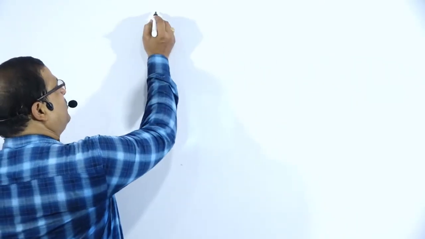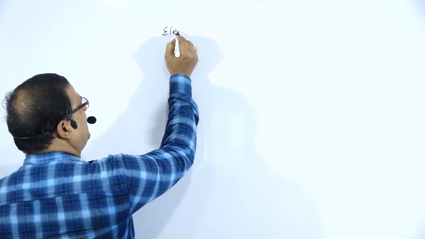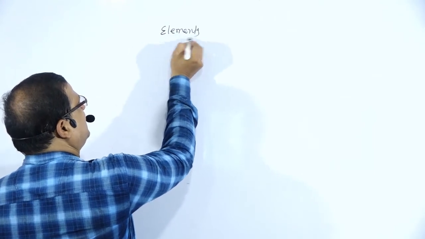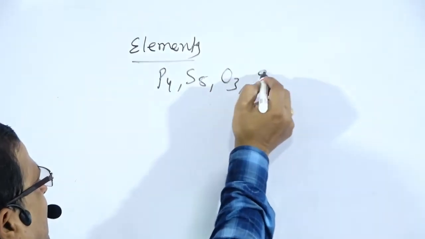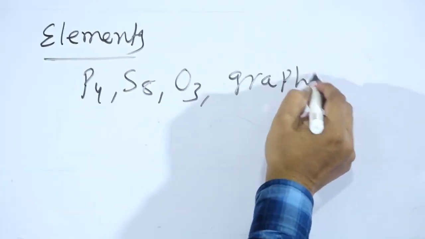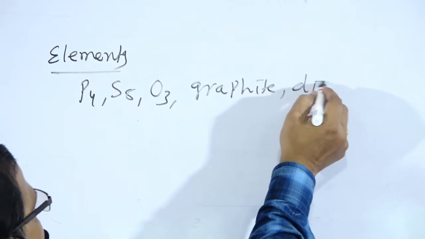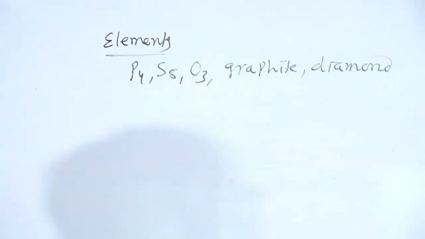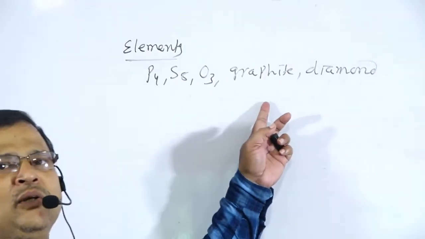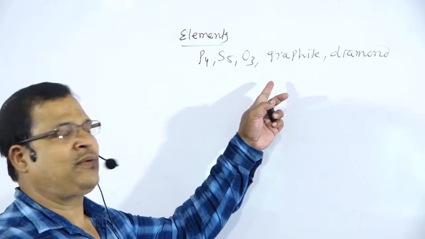We have defined that element is the purest form of the matter, which contains only one kind of atom. Which species will be taken as elements? P4, S8, O3, graphite, diamond, all are examples of element, the purest form of the matter which contains only one kind of atom.